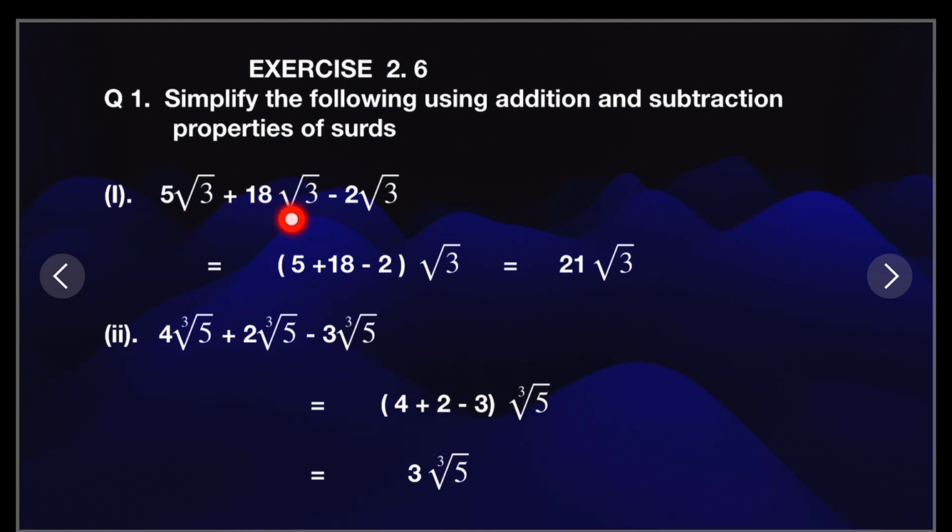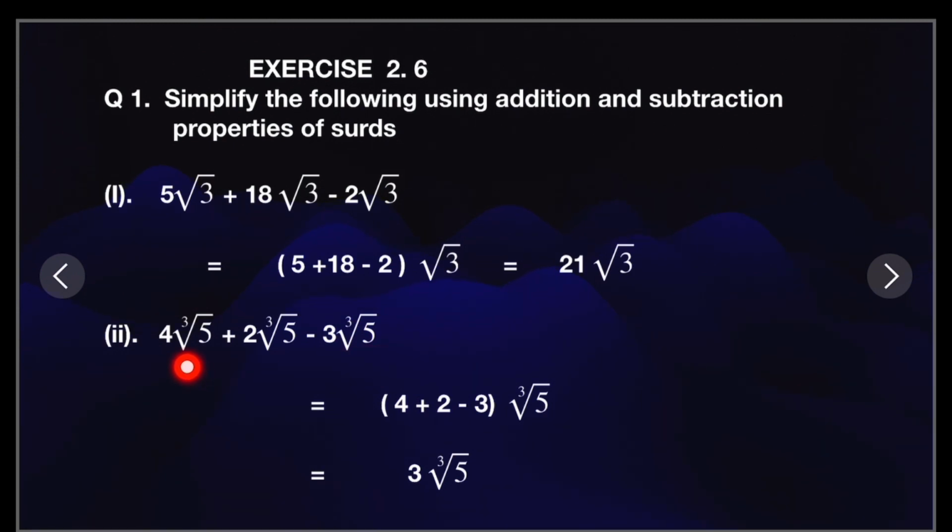So here this is a common factor, root 3. Take it out, put the rest in the bracket, 5 plus 18 minus 2, and you solve this, you get 21 square root 3. So here 4 into third root of 5, 2 into third root or cube root also you can say of 5, 3 into cube root of 5.